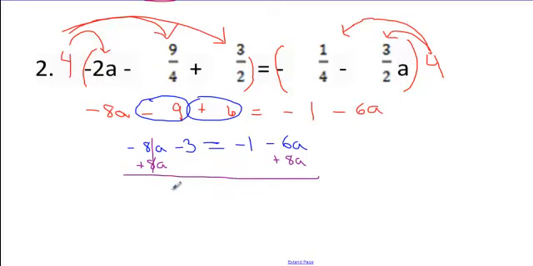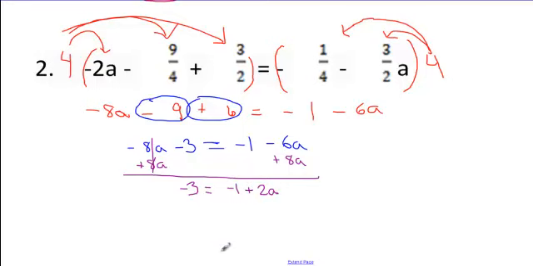Negative 8a plus 8a is 0, so this becomes a negative 3 on the left. On the right, the like terms are the a's. 8a minus 6a is 2a. 2 is a positive 2, so it becomes plus.